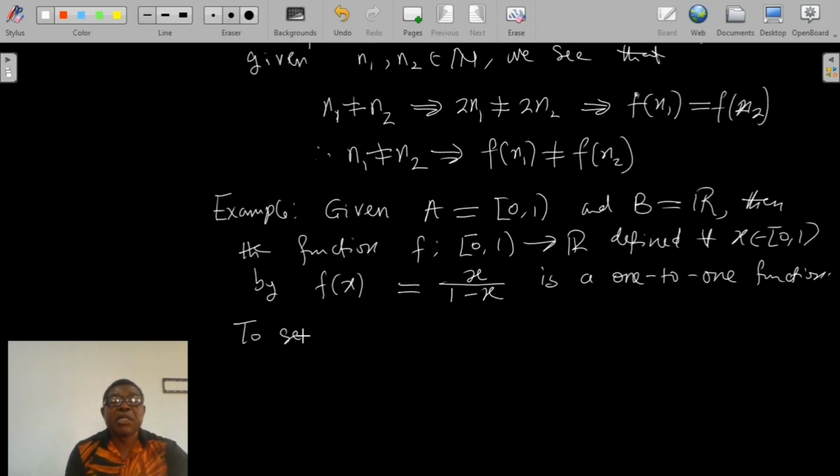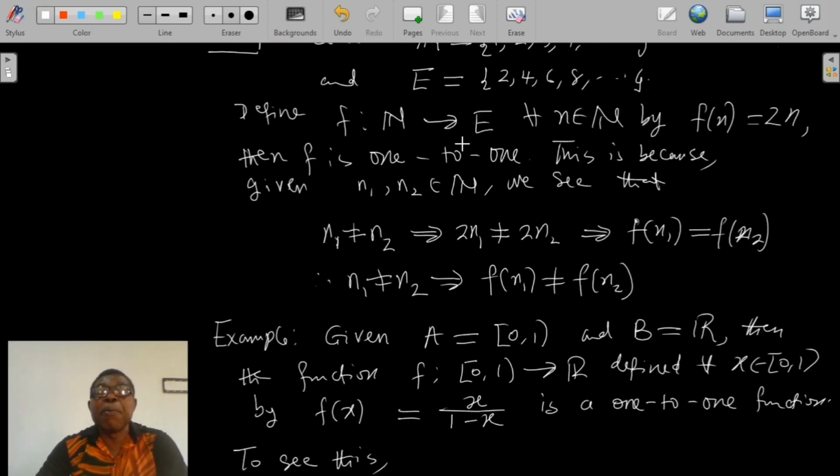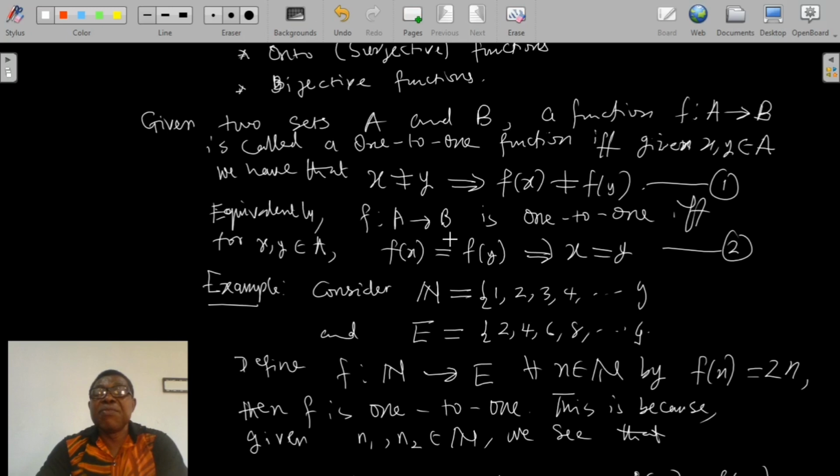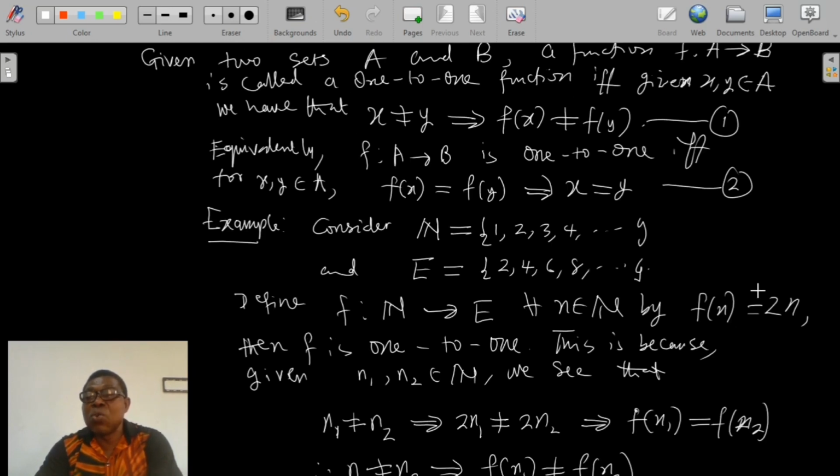To see this, to check this, and remember, we were able to establish the definition that these two, 1 and 2, are equivalent. In the first example, I made use of 1 to check that this function is 1-to-1.